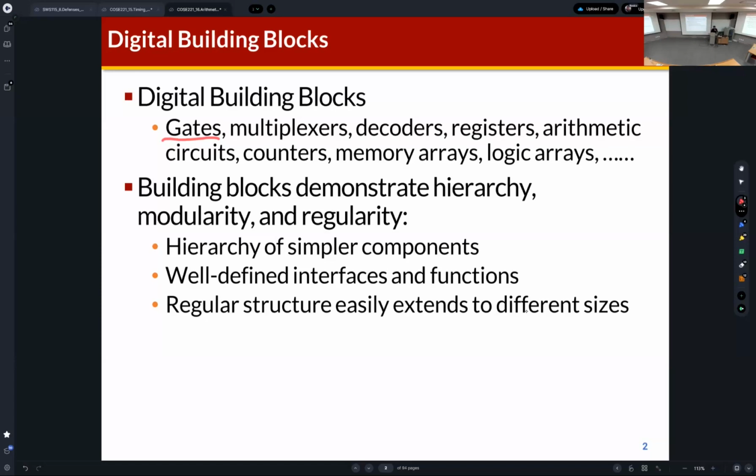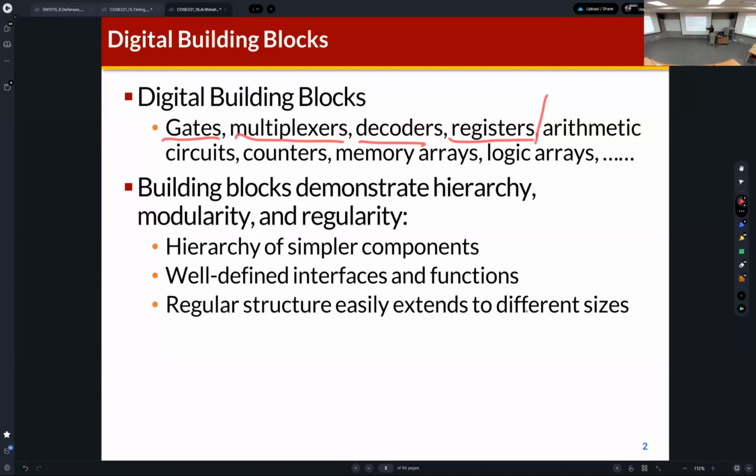Also, we learned about the multiplexer. Multiplexers are also frequently used. The decoders, the registers. Registers are a group of different blocks. And we also use these blocks very frequently, like the arithmetic circuit, counters like 1, 2, 3, 4, 5, memory, and then logic arrays.